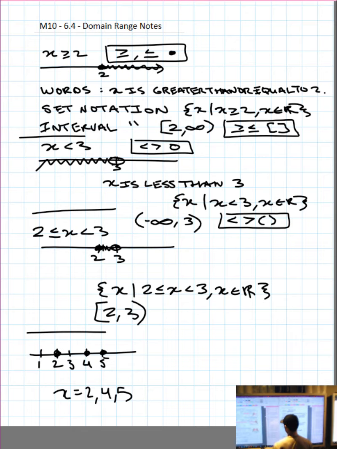Or in a domain, put x vertical bar in front of it, put curly braces around it, and don't put x ∈ ℝ off to the right because you can't be all real numbers.